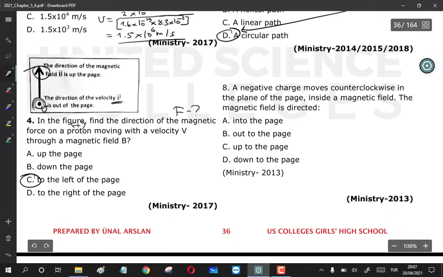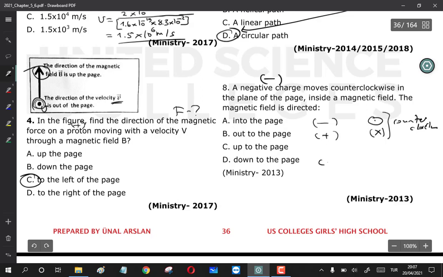A negative charge moves counterclockwise in the plane of the page inside a magnetic field. Remember, I made a table in the classroom. If the charge is negative, the magnetic field is out of the page, or if the charge is positive, the magnetic field is into the page. In this case, counterclockwise.